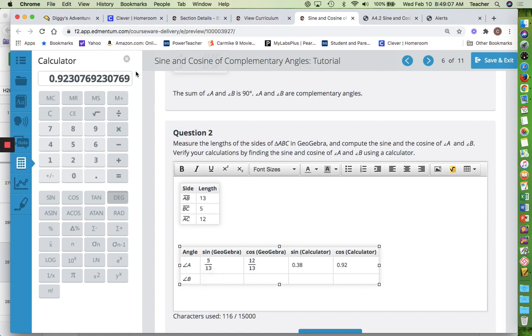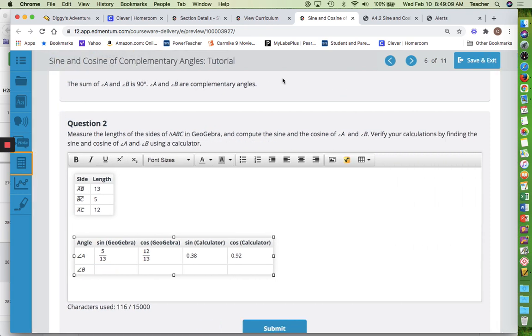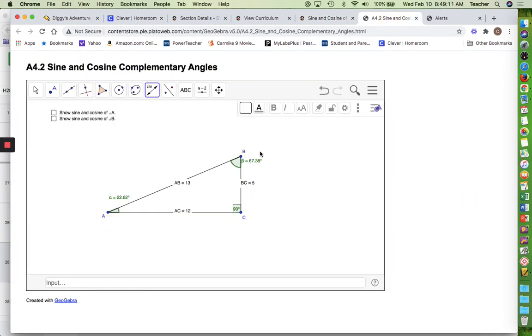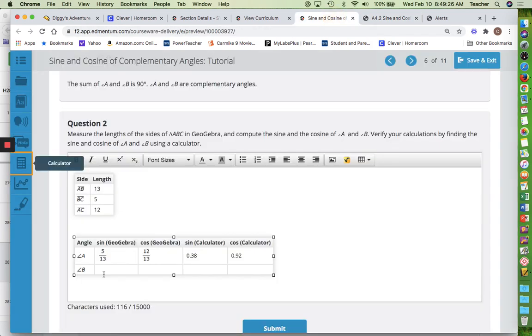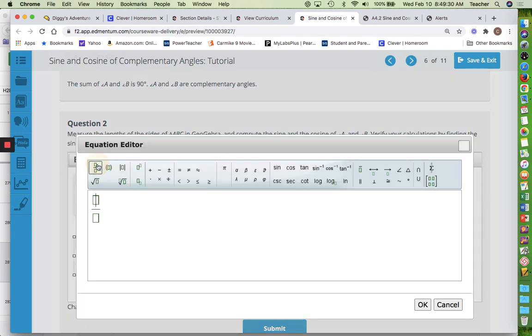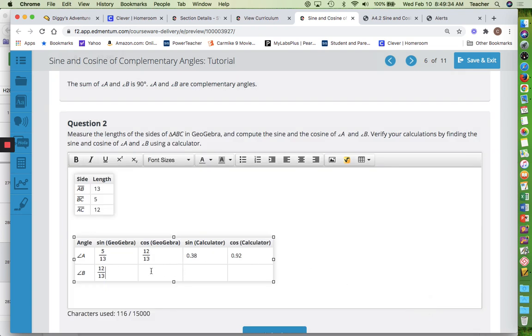All right, so now we're going to do angle B. Angle B is right here. Sine is your opposite over your hypotenuse. So the opposite to B is the 12. The hypotenuse is always the slanted 13, so we're going to do 12 over 13. In my equation editor, I'm going to do 12 over 13. ACT is going to keep it as a decimal.